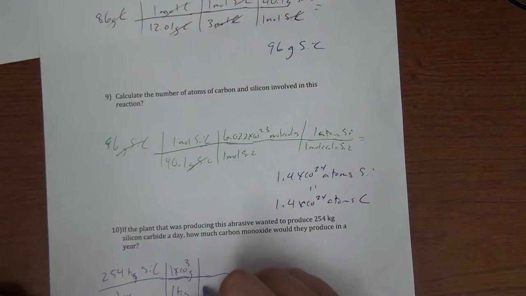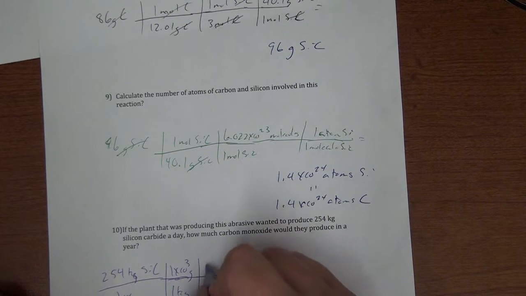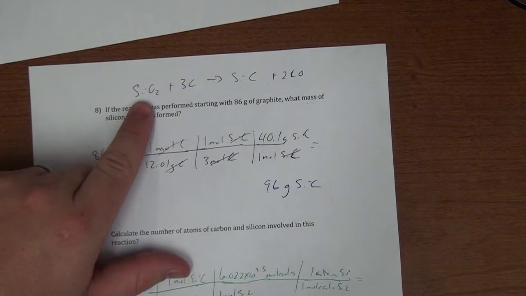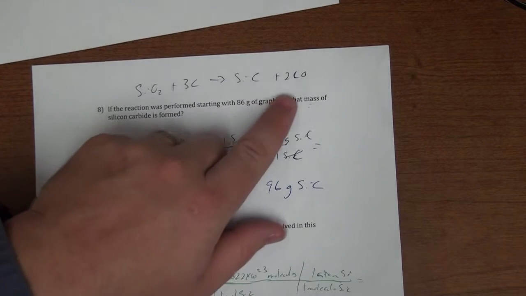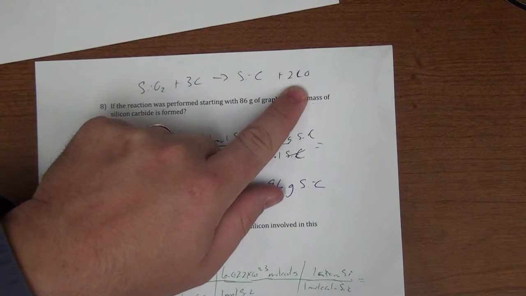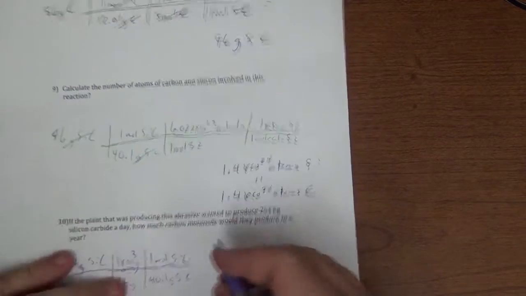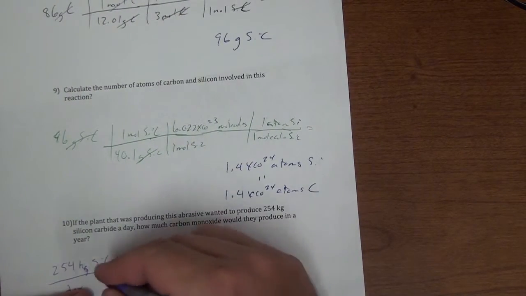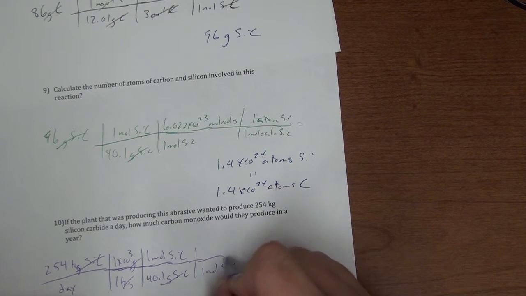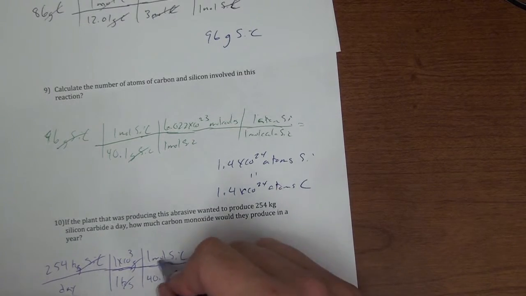And then, as we've done several times now, for every 40.1 grams of silicon carbide, we get 1 mole of silicon carbide. From the balanced chemical reaction, for every 1 mole of silicon carbide, we produce 2 moles of carbon monoxide.